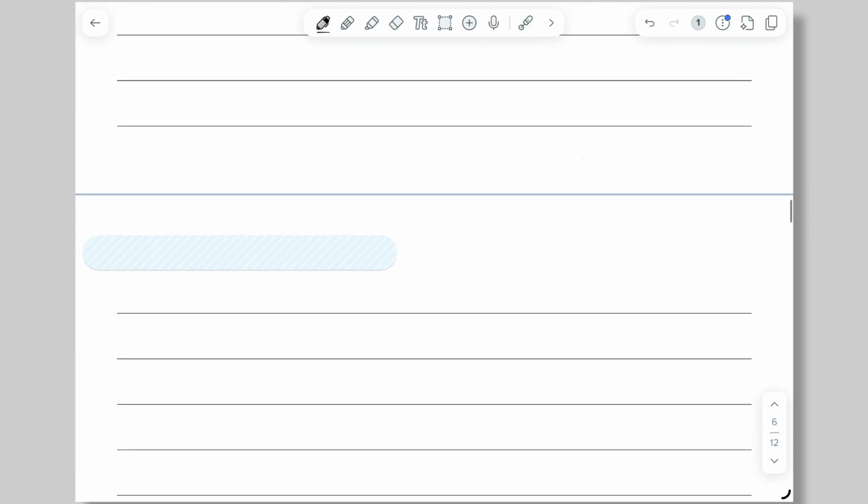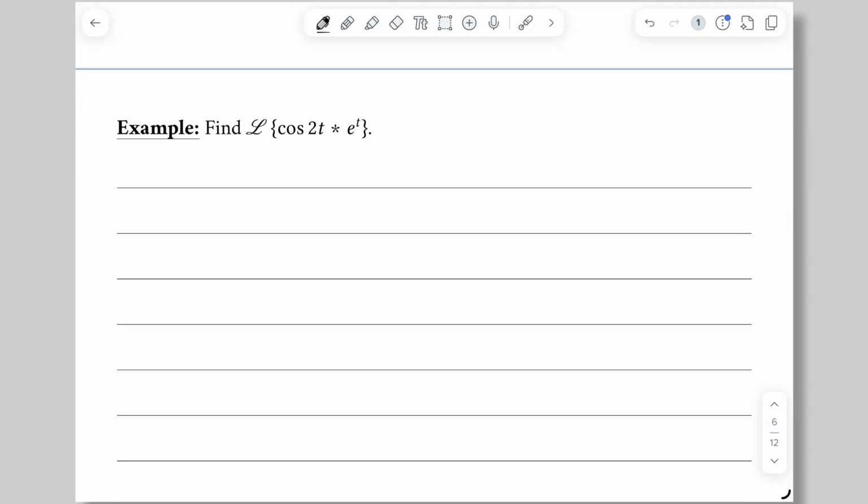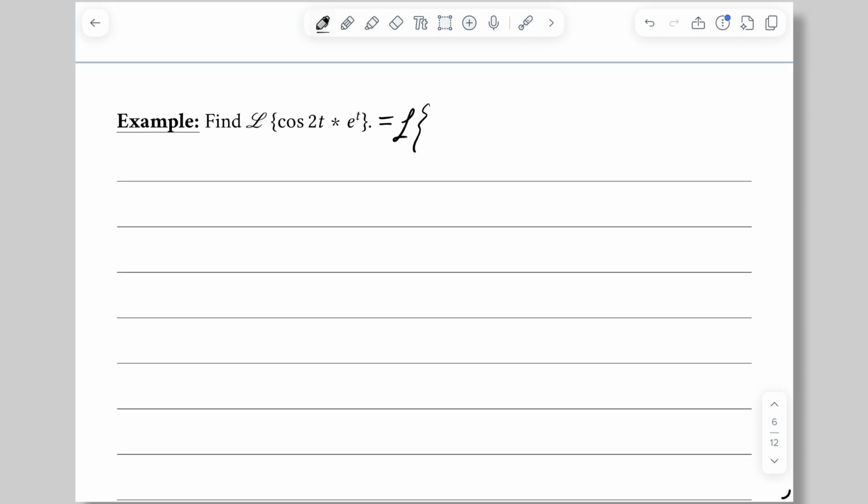Next, we're going to continue the thought by finding the Laplace transform of that convolution. Well, it's the Laplace transform of that 1/5 e to the t minus 1/5 cosine of 2t plus 2/5 times the sine of 2t.